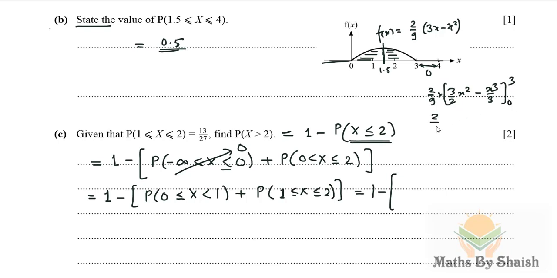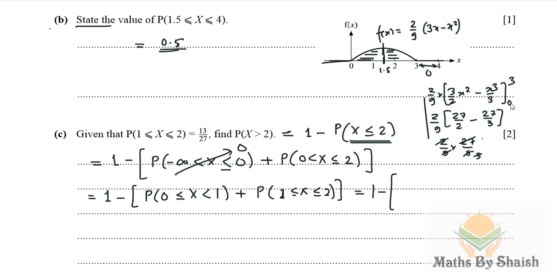It is 2 by 9, 3 by 2 into 3 x squared, upper limit 9, 9 times 3 is 27 over 2, minus 3 cubed is 27 over 3, and lower limit is 0, so you will get 0. So it is 2 by 9 times 27 over 6 if you simplify.